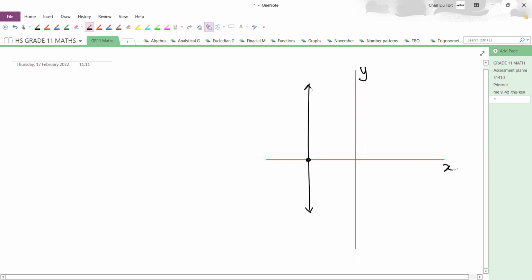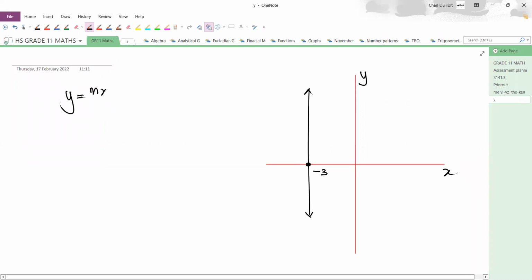Let's say that one, -3. So it actually looks like this, y equals mx plus c, but there isn't any, what? There aren't any y-intercept, so there's no c value. There's no gradient either, so your x value will always be -3, and that's that equation.